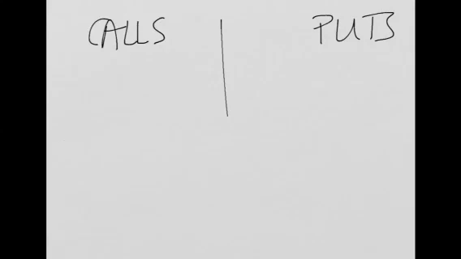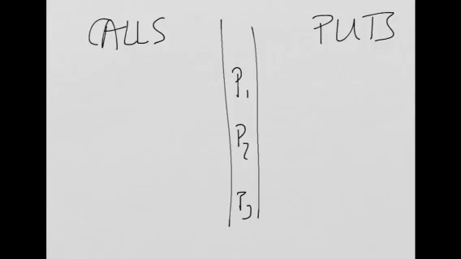I'm going to bring up a chart that's going to show you calls and puts on two different sides of a column where there's prices in here. Price 1, price 2, price 3. So this is basically the price the market could trade at.